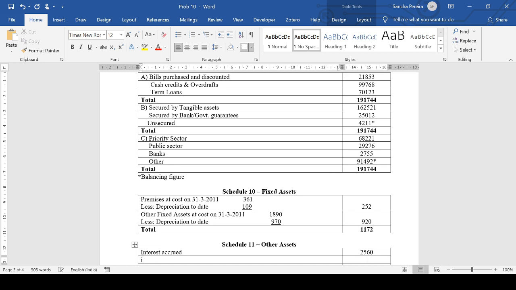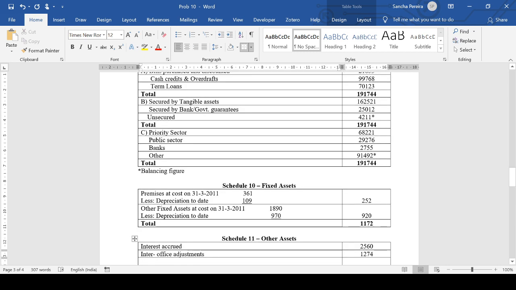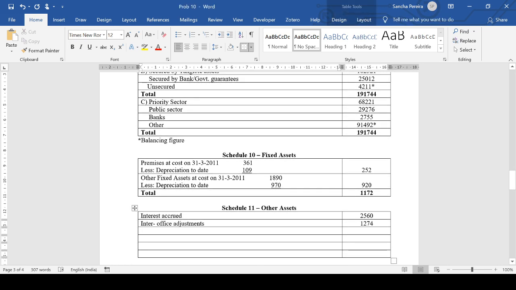Then there are inter-office adjustments. This is the debit balance, so on the debit side, 1274. Then we also have tax paid in advance, which is 4876.